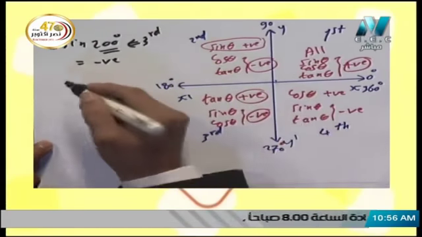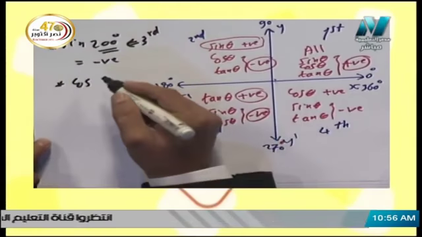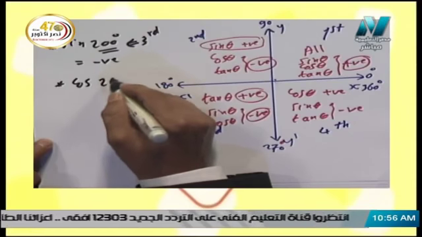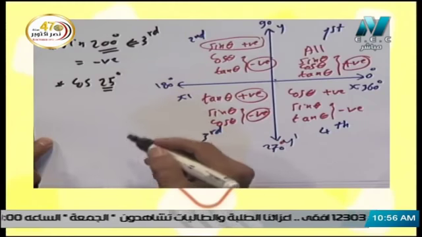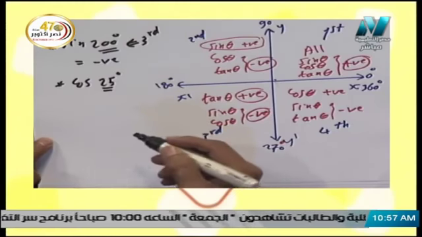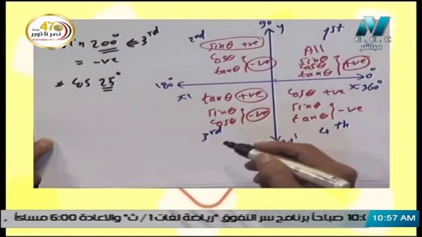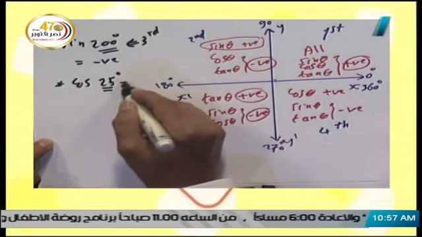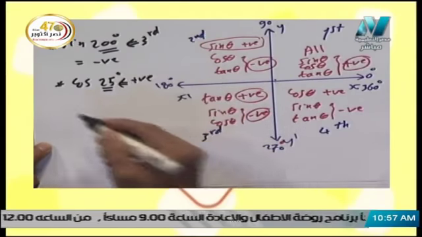But if someone asks us about cosine 25 degrees, where does 25 degrees lie? Is it in the first, second, third, or fourth quadrant? 25 will lie in the first quadrant, and we know in the first quadrant, all of the functions will be positive.